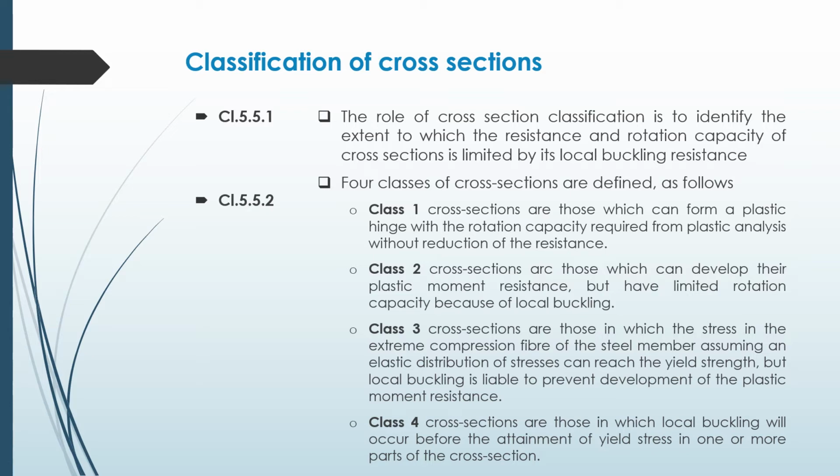Class 4 cross-sections are those in which local buckling will occur before the attainment of yield stress in one or more parts of the cross-section. So to summarize, while class 1 and 2 can develop their plastic moment of resistance, class 3 and 4 will only be able to develop stresses in the extreme fiber equal to the yield stress.